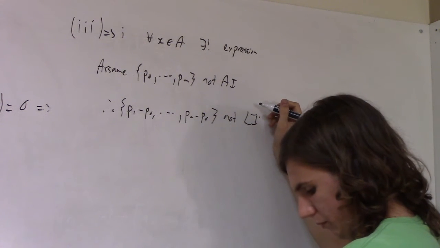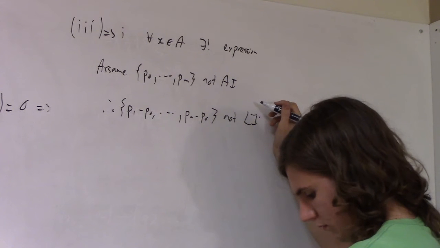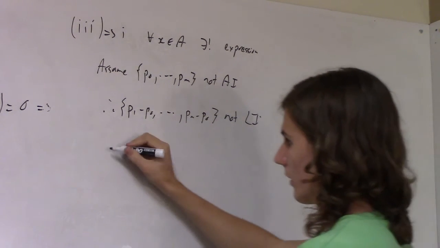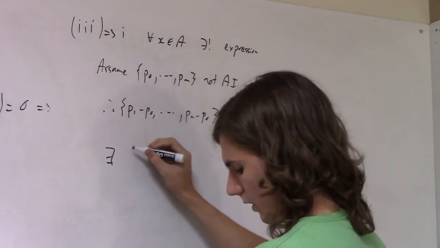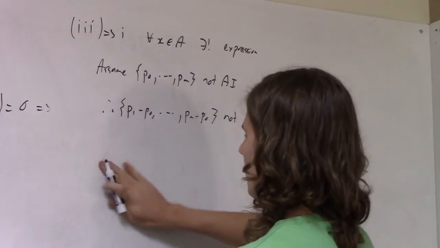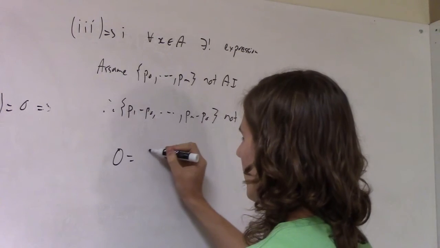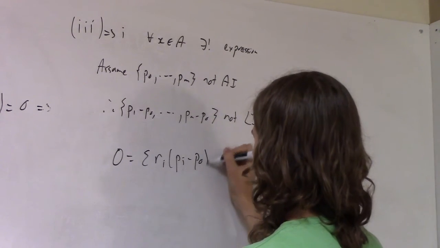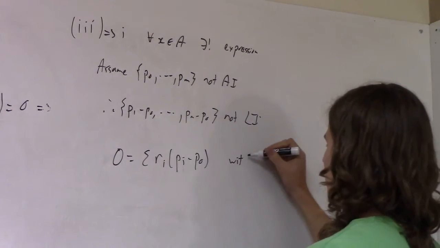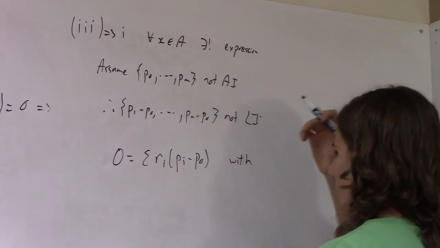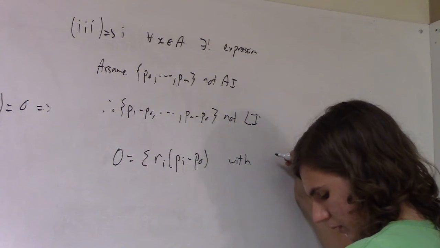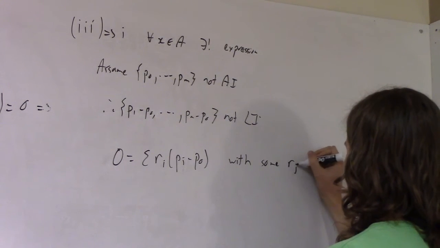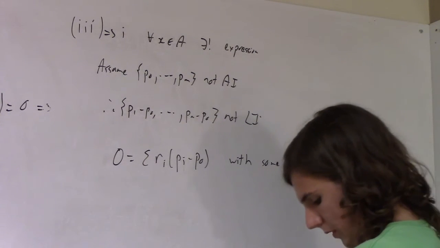So that would mean that there exists some, so we can write 0 as the sum of Ri times Pi minus P naught, with not all Ri's being 0. So with some Rj different than 0.